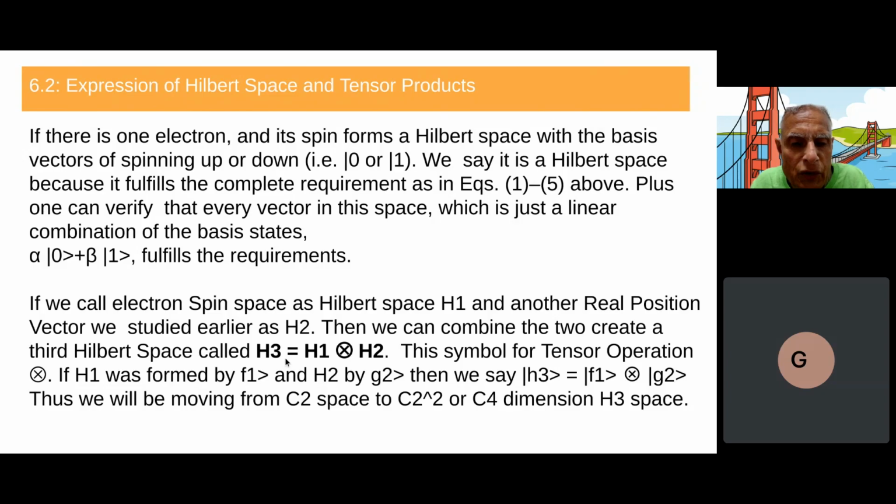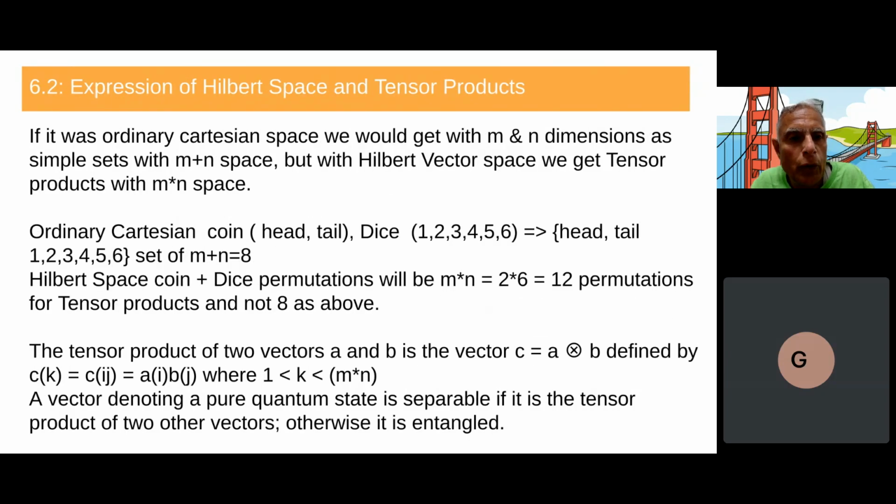Now just to distinguish between the position vector which we studied and the Hilbert space we have introduced now. You remember, in ordinary Cartesian space, we would get m and n dimensions as simple sets. If I have an ordinary Cartesian coin, head or tail, then I have either a head or tail. And if I have a dice, then it can have 1, 2, 3, 4, 5, 6. The combination of the two produces how much Cartesian space?